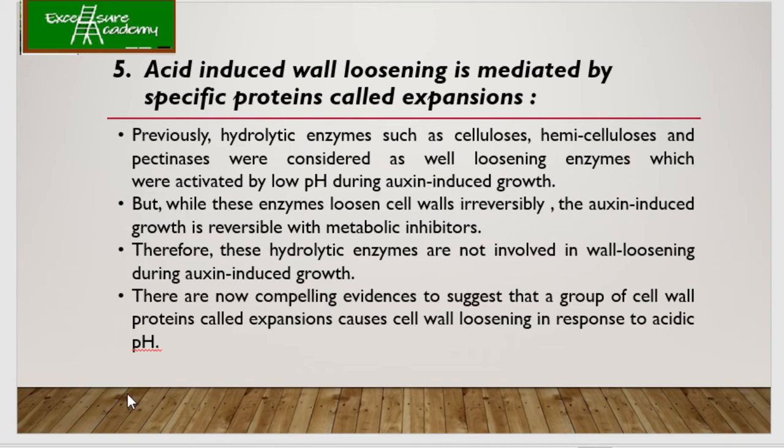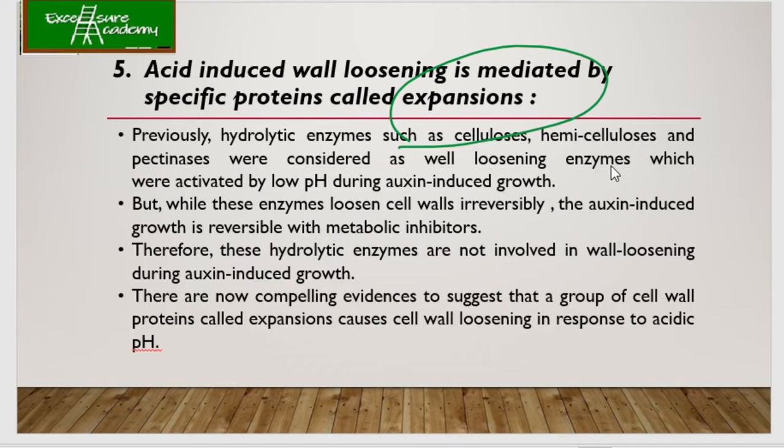Now what is happening? Since the acid has increased, that is, the pH has decreased, that is going to activate proteins called expansins. These hydrolytic enzymes such as cellulases, hemicellulases and pectinases were considered, as well as the loosening enzymes.